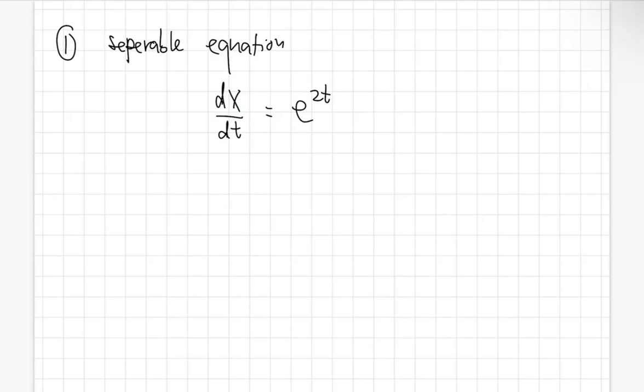To determine whether this is a separable equation, you must do the manipulation. You must arrange this equation so that you can write all the x on the left hand side, all the t on the right hand side. In this equation it is very simple. On the right hand side, you don't find any x, only t. So you can rearrange, left hand side only x, right hand side only t.